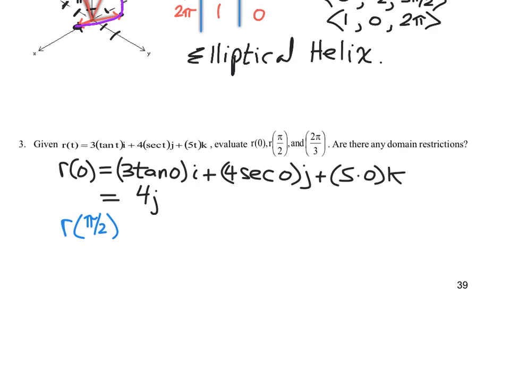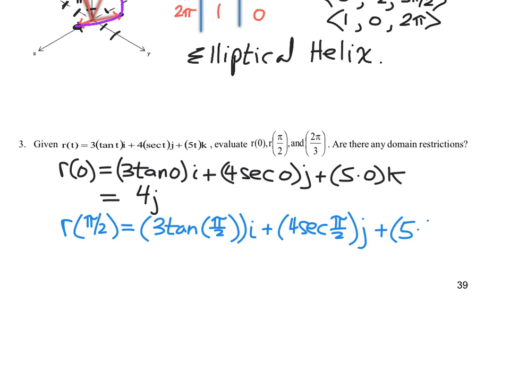So pi over 2. I'll write it out, but you'll see how we don't really have to write it out in every case. 3 tan pi over 2 i plus 4 secant pi over 2 j plus 5 times pi over 2 k. All right. Now, this is just going to flat out be undefined.